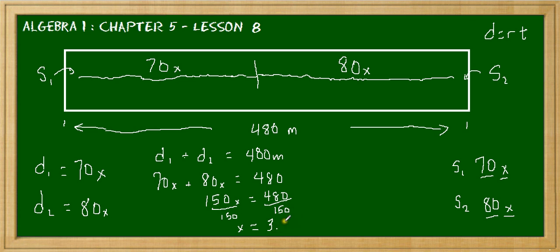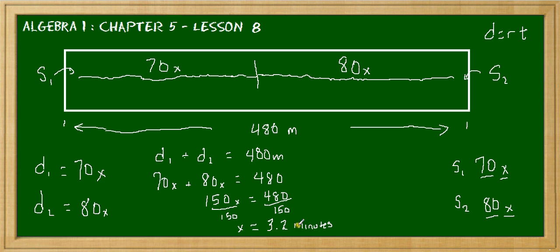You can do it fractionally, but we're trying to get this down to a decimal, and it's 3.2 minutes. Okay, because we were told that this is in minutes. So x is actually going to be equal to 3.2 minutes.